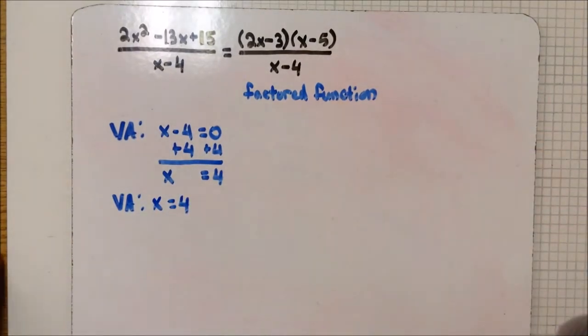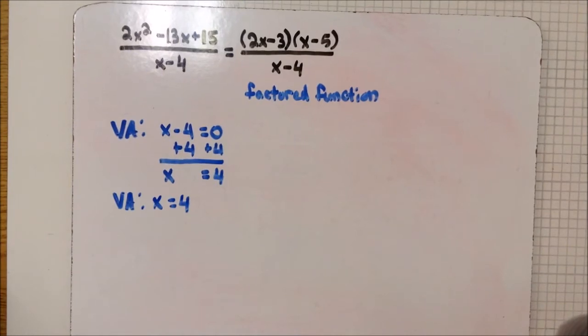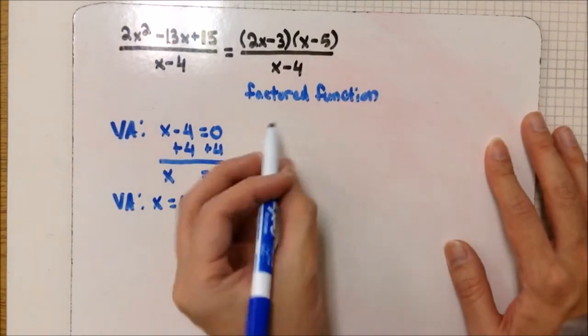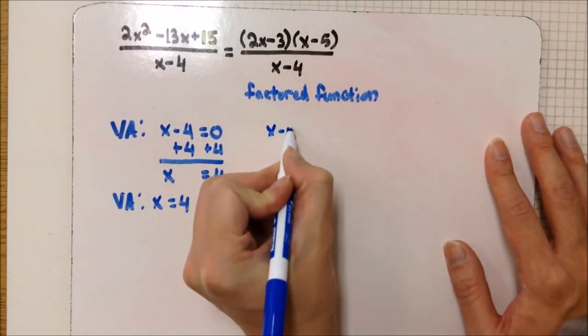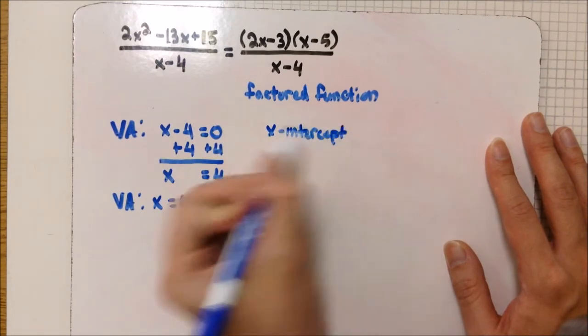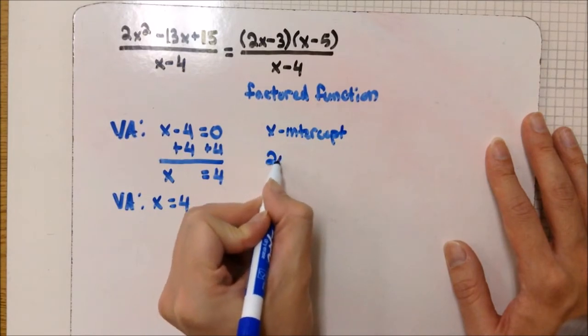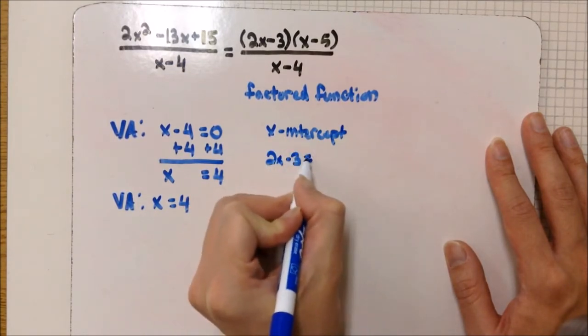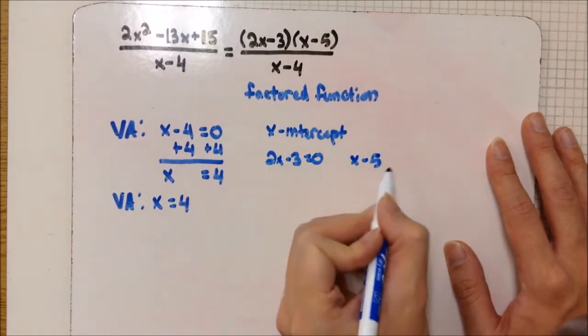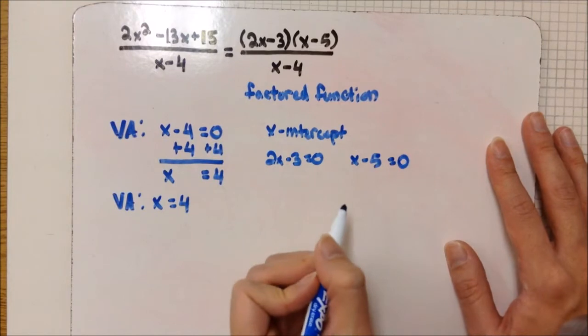Now, next we usually find the x-intercepts. We have two factors in the numerator, so therefore we're going to have two x-intercepts. So, x-intercept, so 2x minus 3 equal to 0, and then x minus 5 equal to 0.